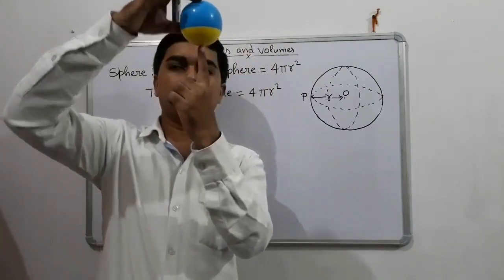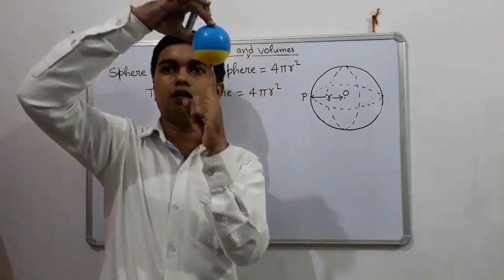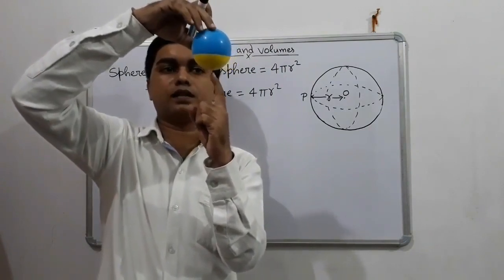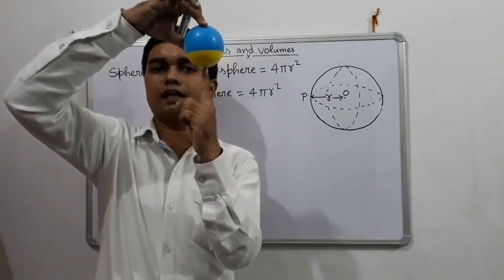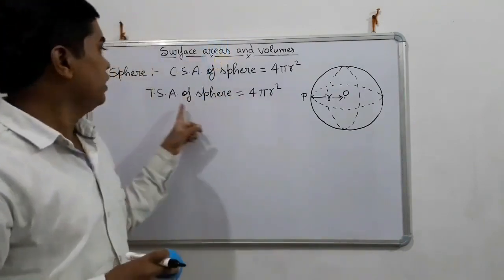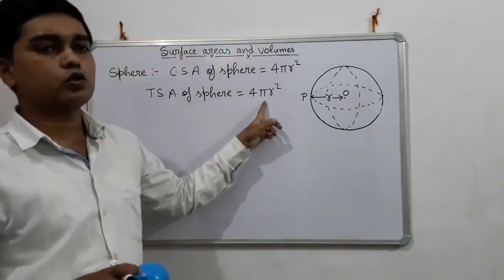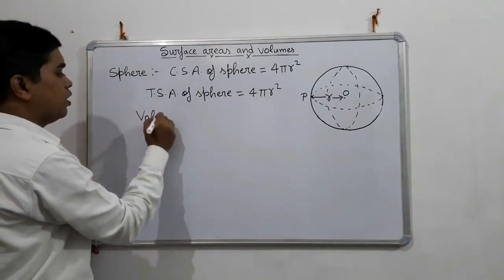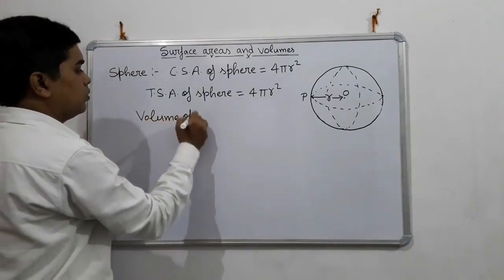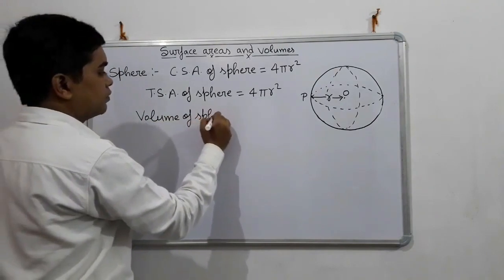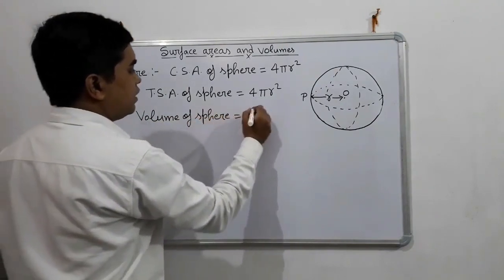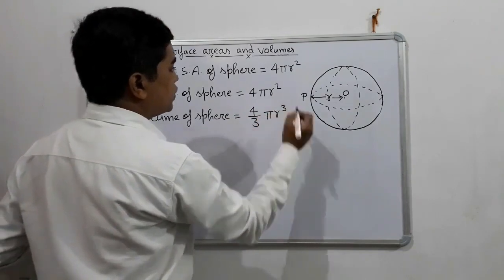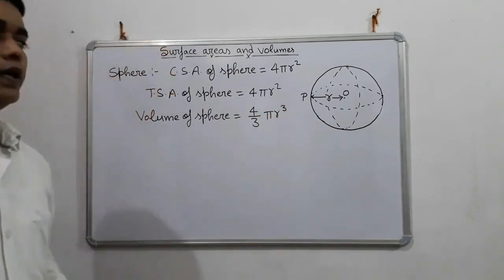If you want, you can stop it at a point also. So we can say that its base is neglected. Okay. So then TSA of sphere will also be 4 pi r square. Now volume of sphere, it will be 4 upon 3 pi r cube cubic units.